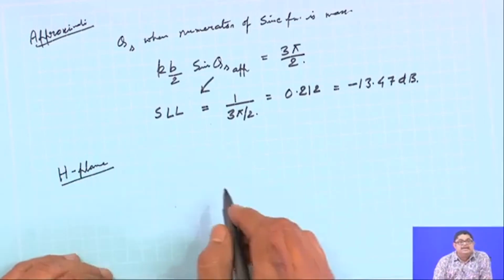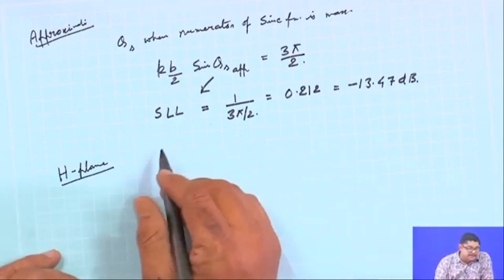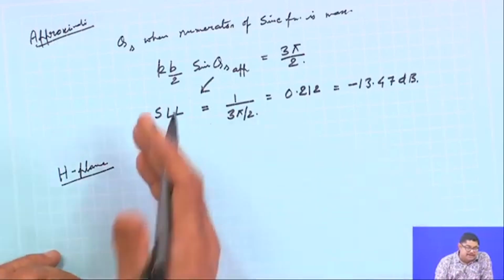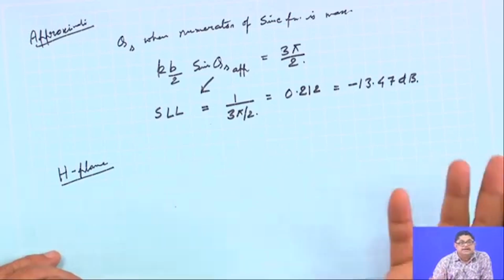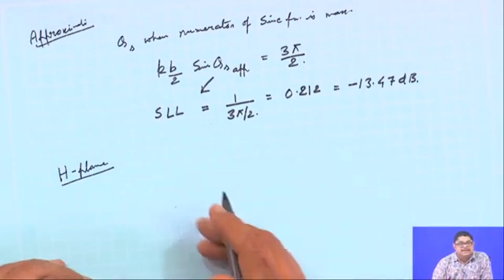So, H plane you can easily find out, because same things, all these terms will be similar expressions, because the function is same, only the x and y are interchanged. That is why in all this expression where b is coming, you replace it by a, you get these things.